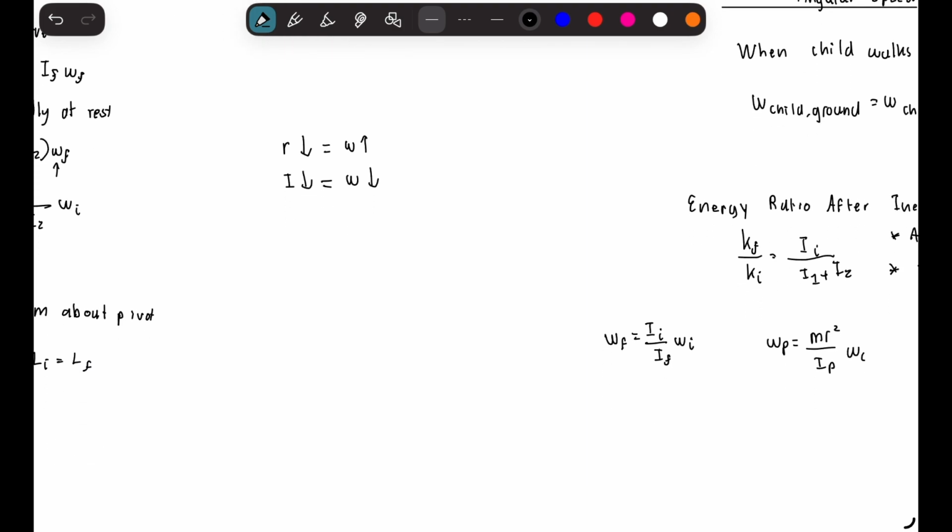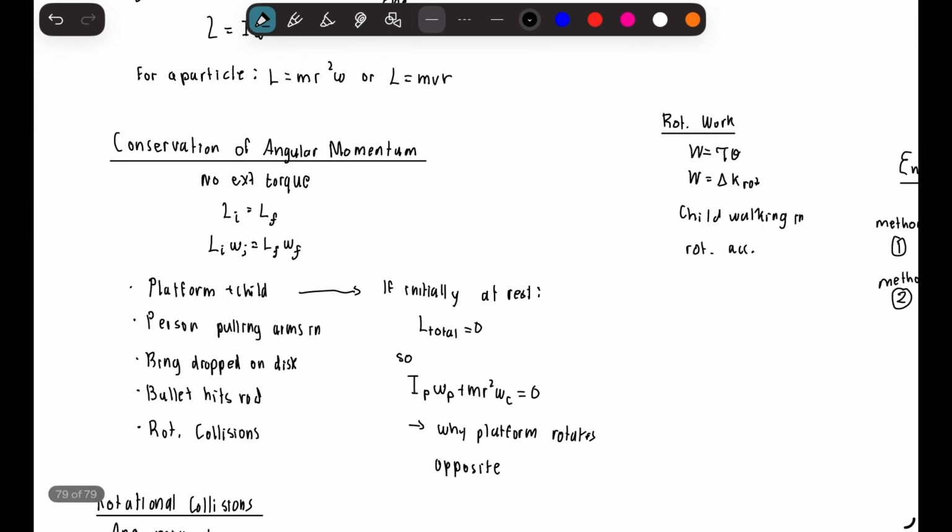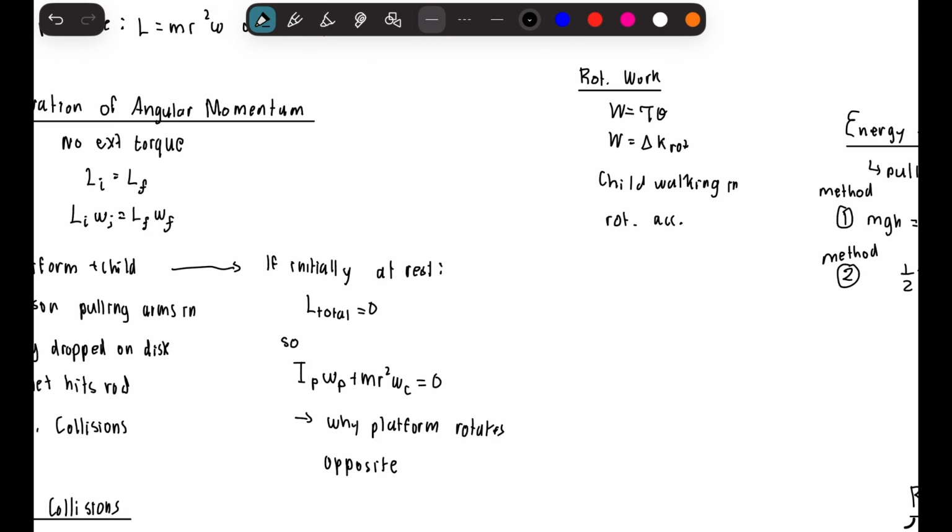Kinetic energy is not conserved in inelastic collisions. And internal forces don't change total angular momentum. Only external forces do.